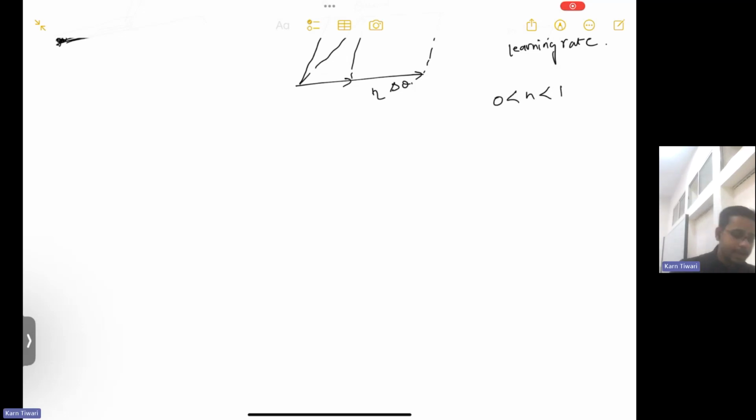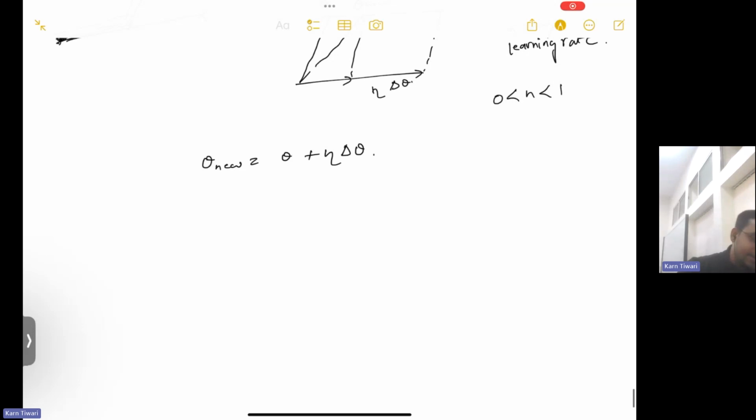The question is that theta new is equal to theta plus eta del theta. Okay. So del theta means we don't know at a particular point what the best del theta is.